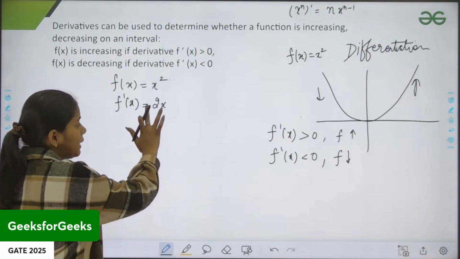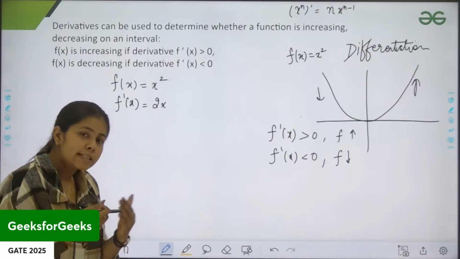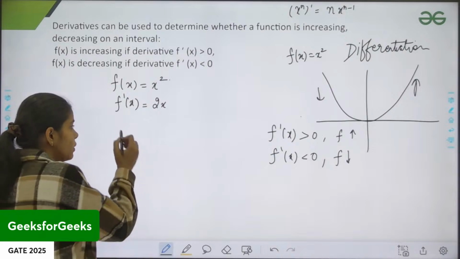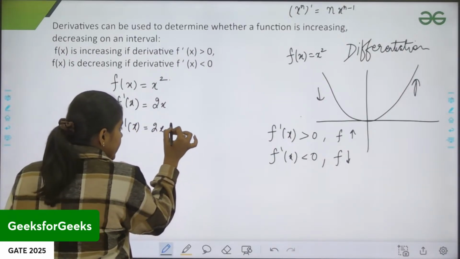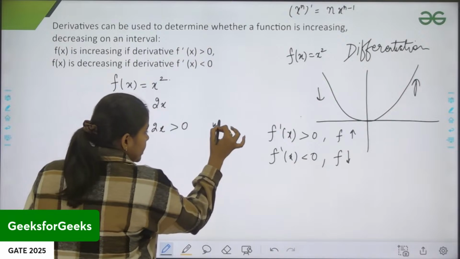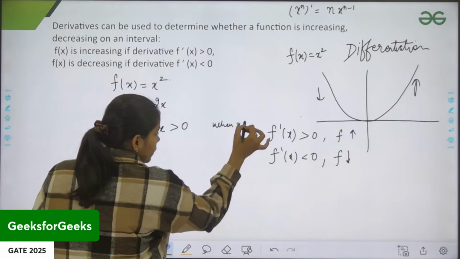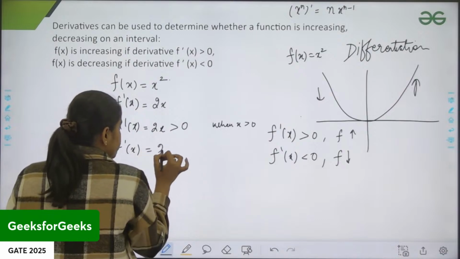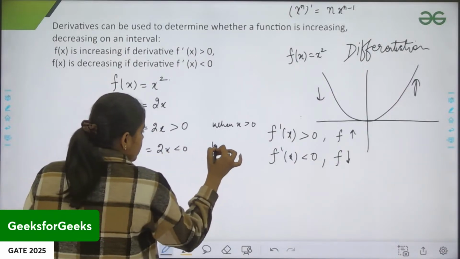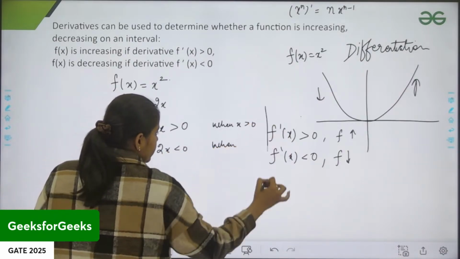Now you can see that this 2x, when this 2x is greater than 0 and when it is less than 0. So I know that f dash x is equals to 2x is greater than 0 when x is greater than 0, right? And f dash x is equals to 2x is less than 0 when x is less than 0.